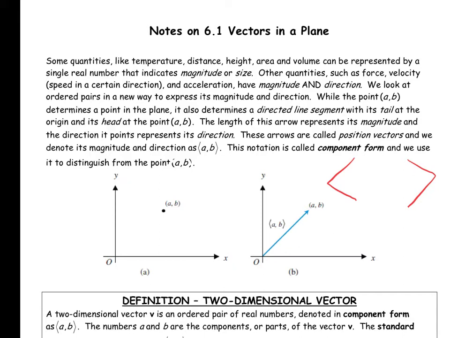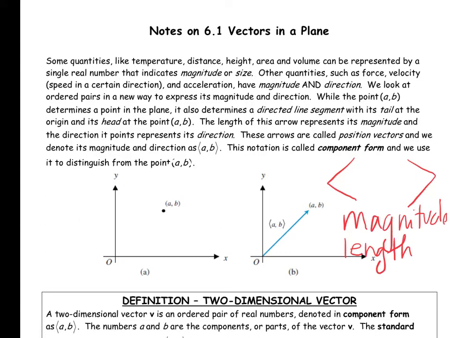So if it starts at the origin, that's where the tail of your arrow is, and then where it's going, or its direction, is represented by the arrow. And this is where it ends up, A, B. But this symbol right here is what they're talking about, the magnitude or component form of the vector. And the magnitude of the vector, I'll put the word magnitude, represents the length.